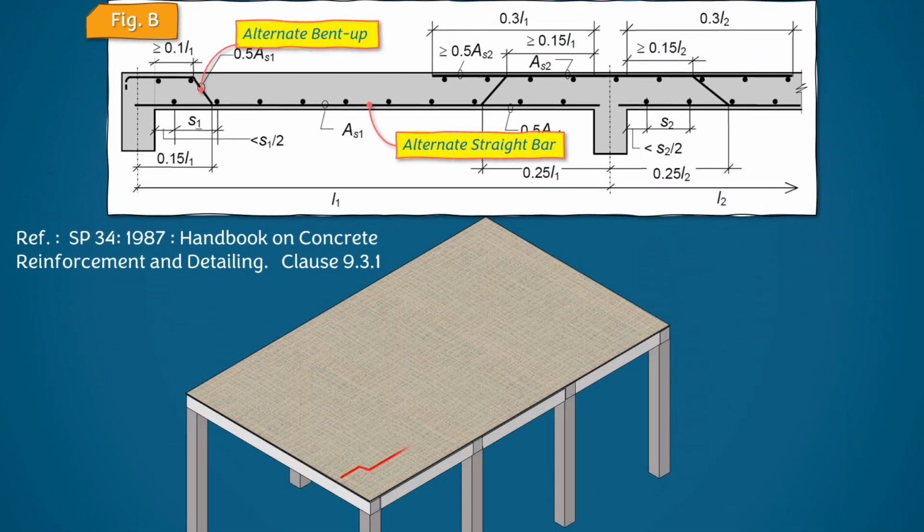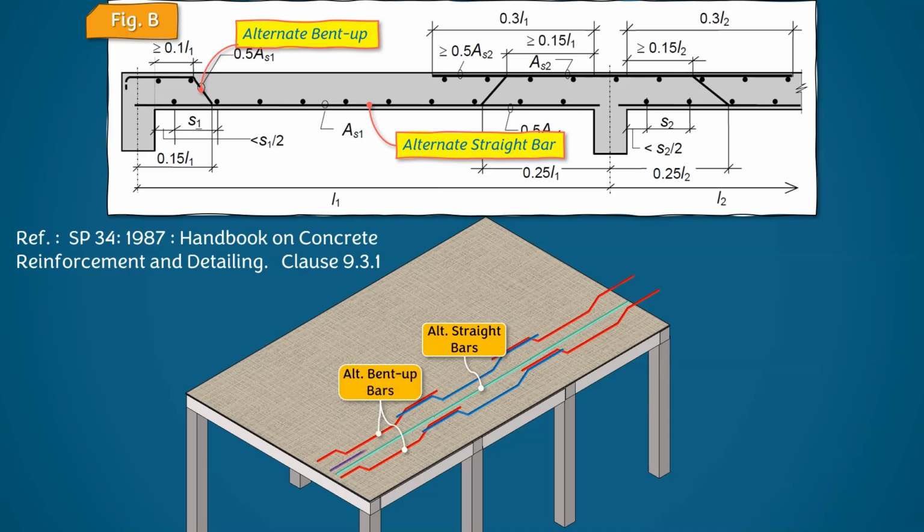Alternatively, in the second method, the top bars over a support region may be provided by bending up alternate bars of the bottom reinforcement from either side of the support, with additional top bars if required.